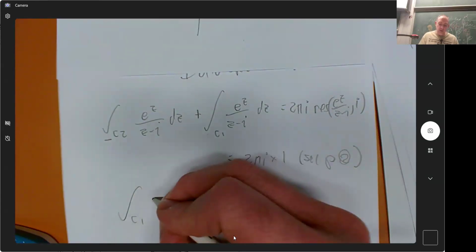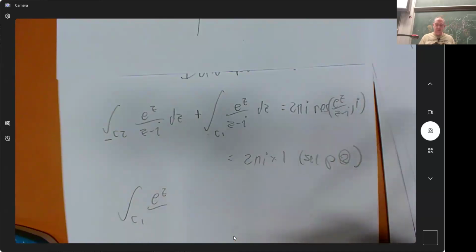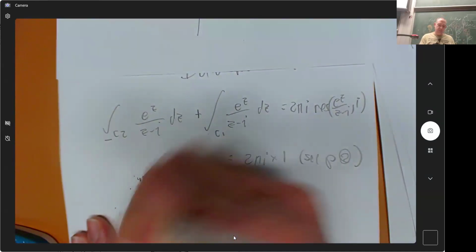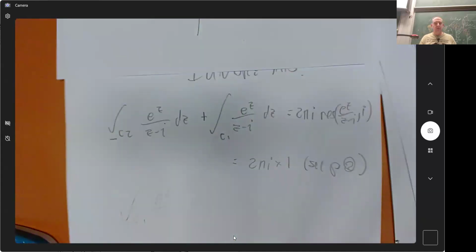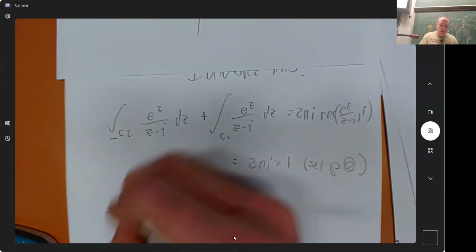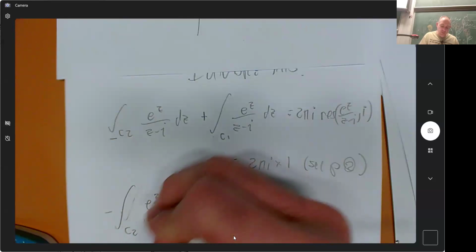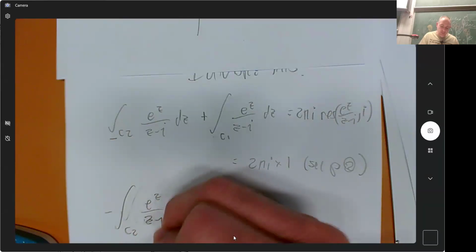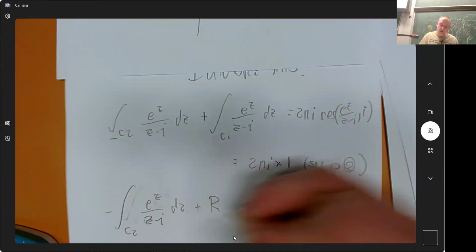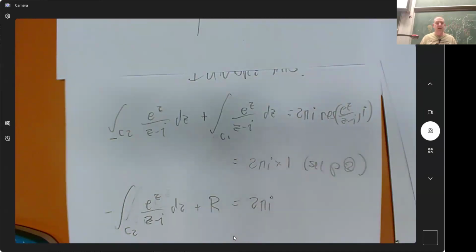And so therefore, this integral is going the wrong direction, so it'll be minus the integral that they've asked me for. And this they called R, like that.